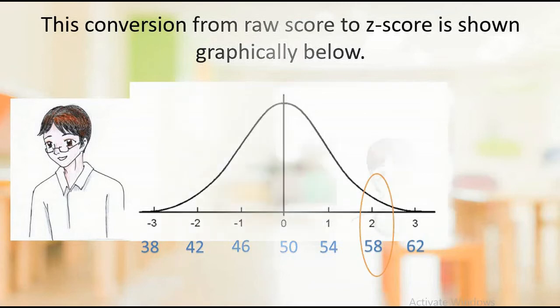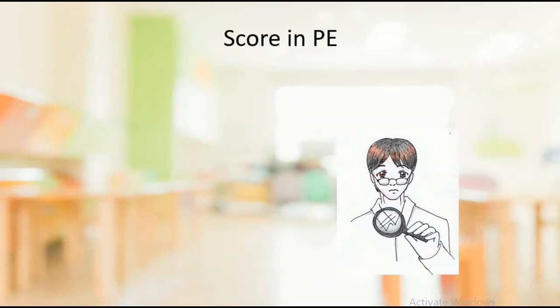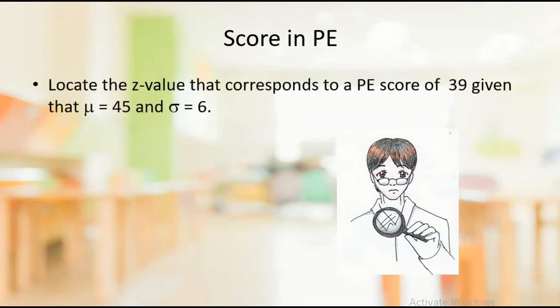Next example. Score in PE. Locate the z-value that corresponds to a PE score of 39 given that the mu or the mean is equal to 45 and the sigma or the standard deviation is 6. So the formula is z is equal to x minus mu over sigma, or x minus the mean over the standard deviation.